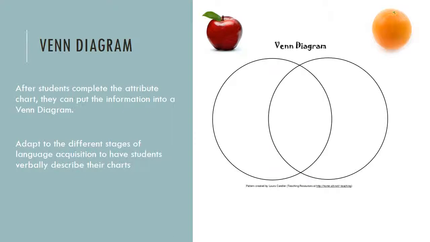And the Venn diagram can be adapted to the different stages of language acquisition the same way that you adapted the attribute chart, and to have students verbally describe their charts. It doesn't take long for students to become familiar with the Venn diagram because so many teachers use this strategy. It is important to teach students attribute charts first so that they can have the language to fill in the Venn diagram.